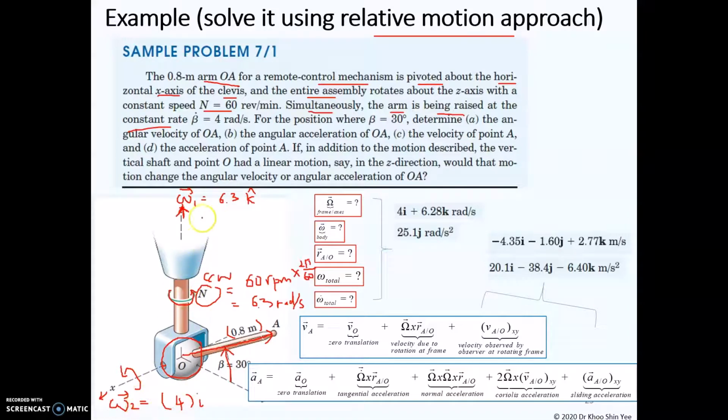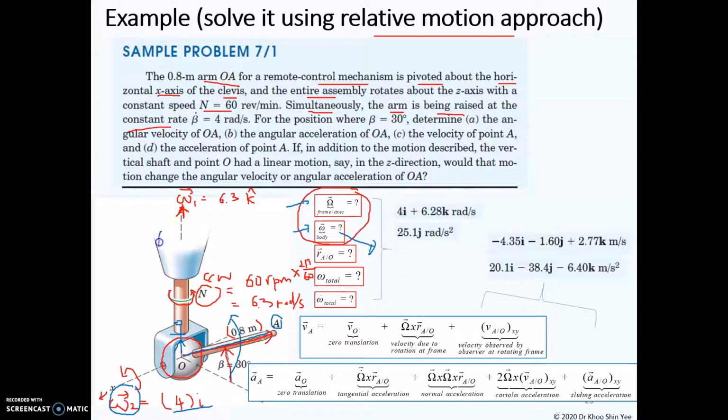Which one is the angular velocity for the frame and which one is the angular velocity for the body? To identify this, the easiest way is to imagine yourself at point O and look at the movement of A. The movement of A is due to omega 2, so this is the angular velocity for the body. We can say omega body is equal to 4i.